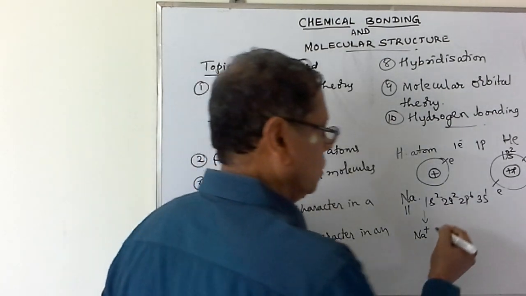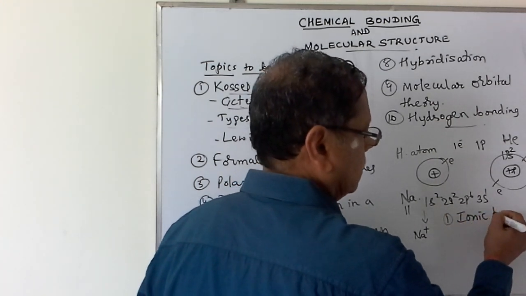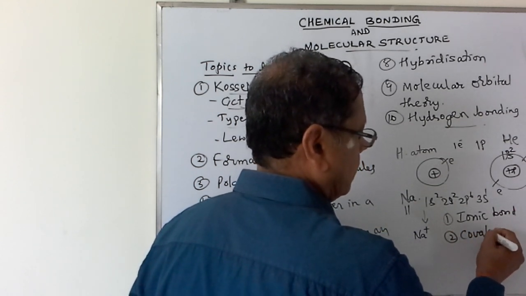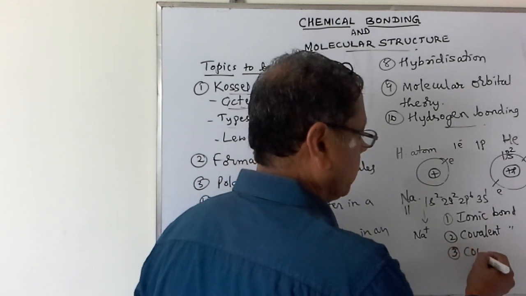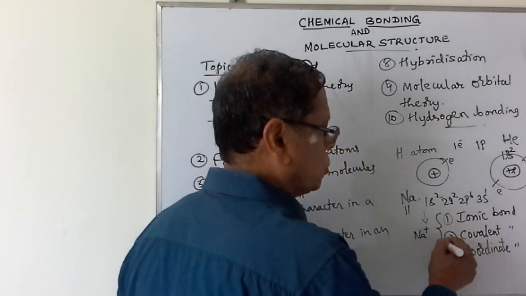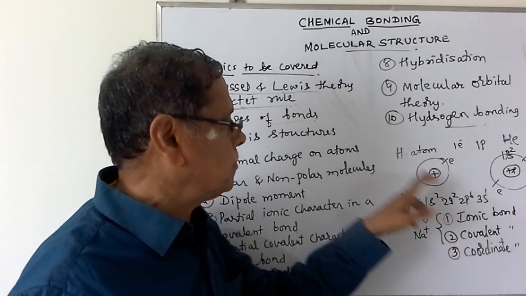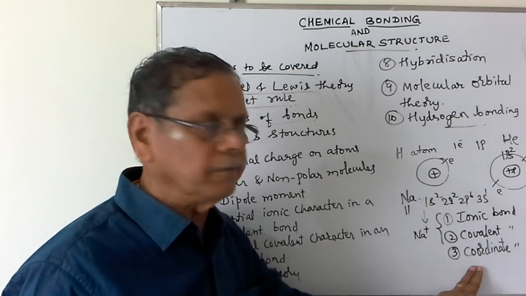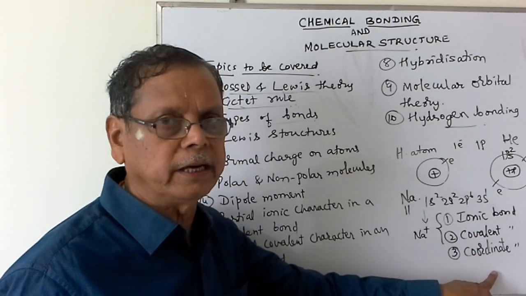So we consider these: the first one is the ionic bond, the second one is the covalent bond, and the third one is the coordinate bond. These two, ionic bond and covalent bond, are important as far as the formation of molecules is concerned. The third type, the coordinate bond, is nothing but an extension of the covalent bond. That's why it is also named the covalent coordinate bond.